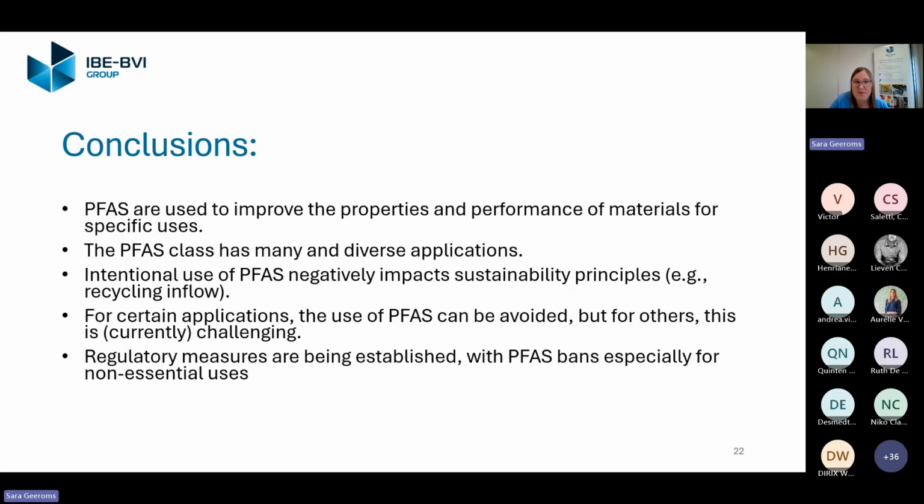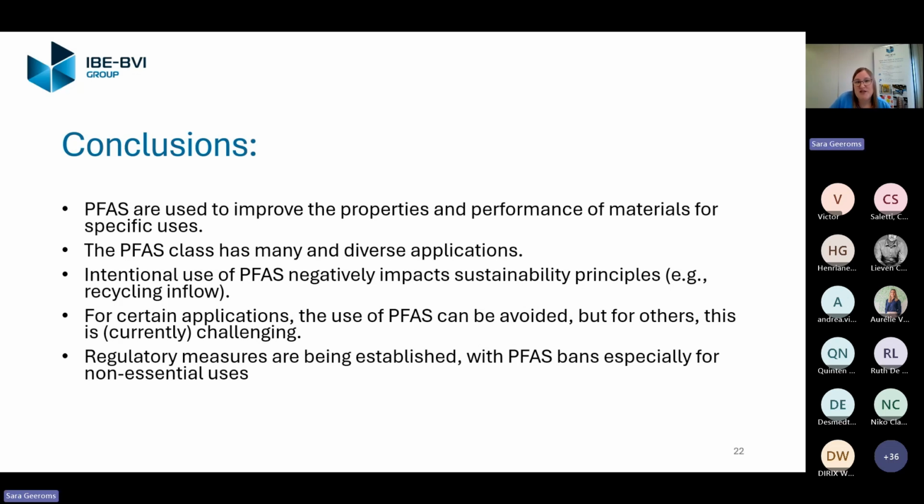So to conclude, PFAS are being used to improve properties and performance of materials and articles for specific uses. The PFAS class is a broad class of chemicals with many and diverse applications. Intentional use of PFAS can negatively impact sustainability principles, as for instance, materials after recycling can still contain PFAS.